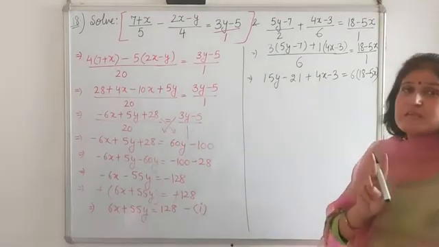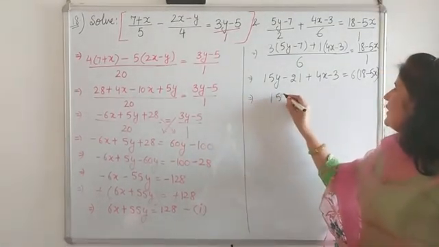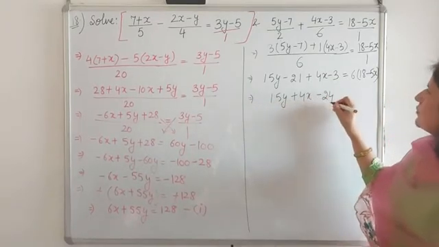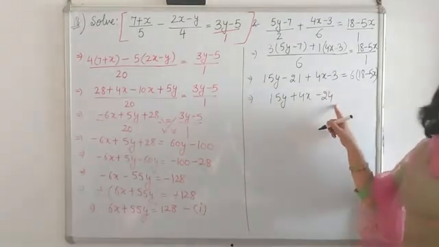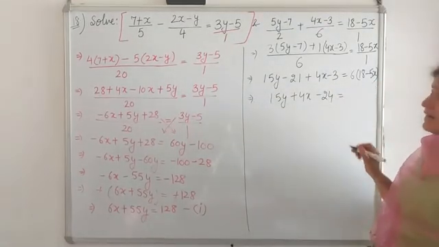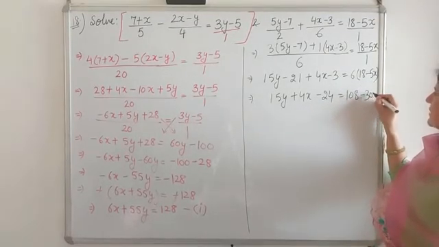We have done 2 steps together. 15y plus 4x minus 24, minus 21 and minus 3, minus 24 is equal to 18 6s are 108 and 5 6s are 30x.